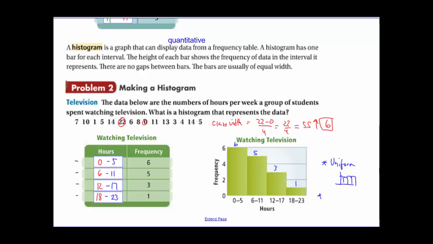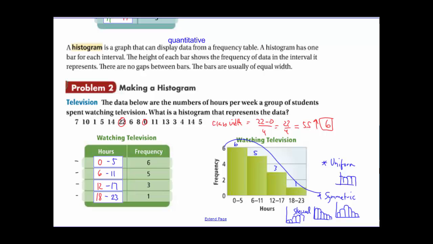We can have symmetric, which are bars that start low, gradually increase to the middle, and then decrease low again. And then another one, which is what we see, is skewed, where our bars will start high and then gradually decrease, or they will start low and gradually increase. The one that we have is called skewed right.